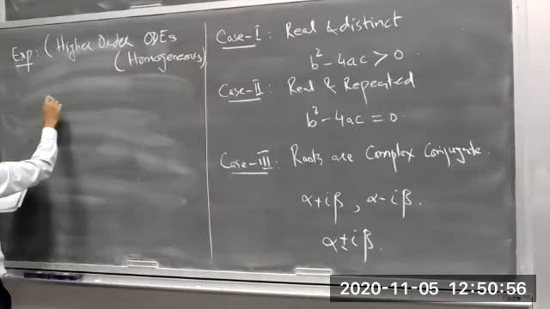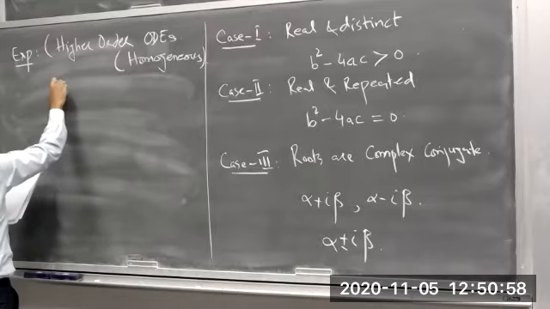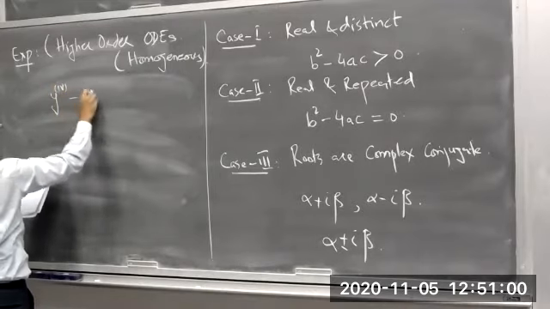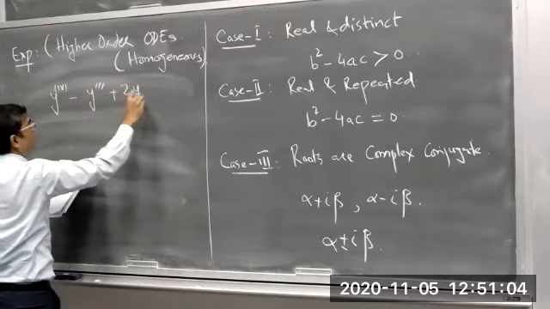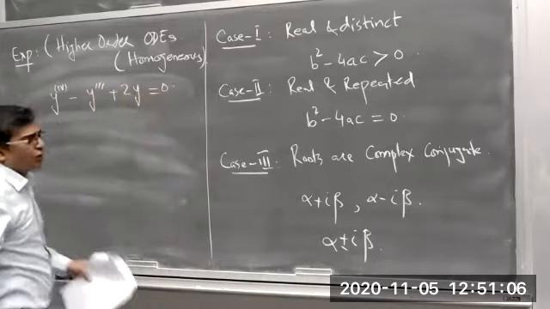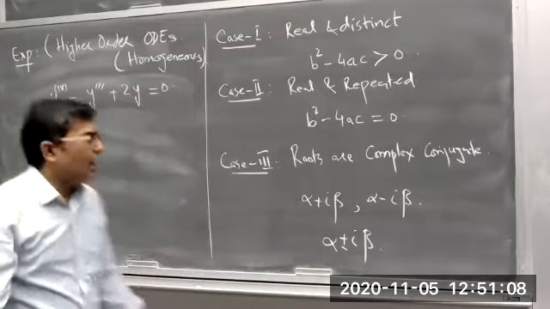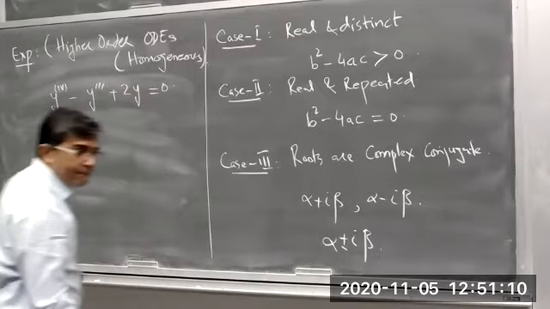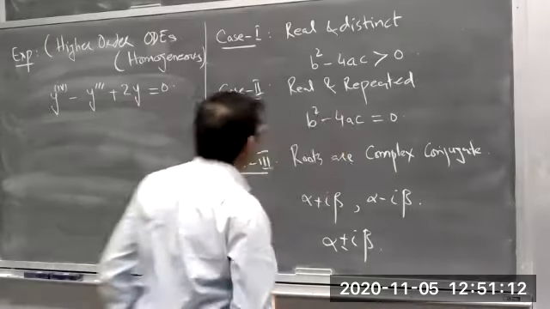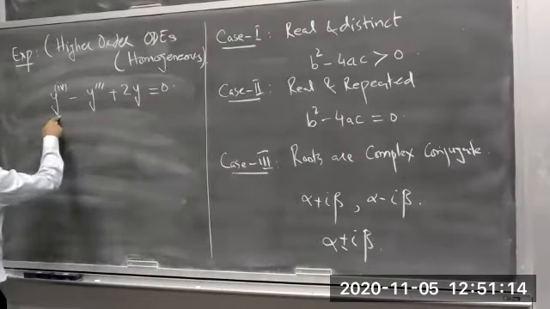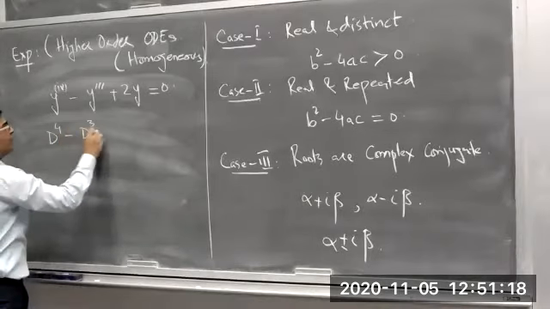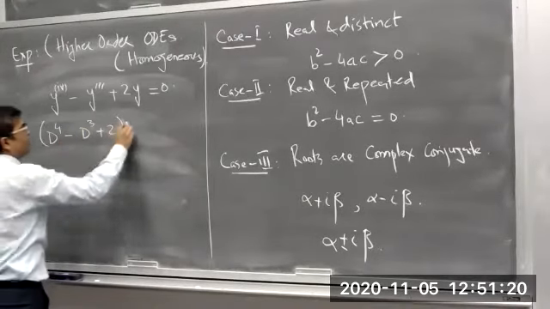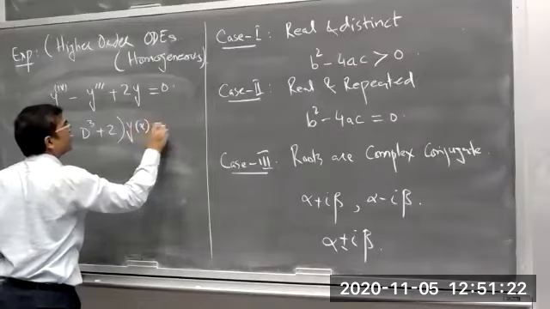Now, we need to solve this differential equation y 4 dash minus y 3 dash plus 2y equal to 0. We need to solve it. How can we write this differential equation? We can write (d4 minus d3 plus 2) times y of x equal to 0.